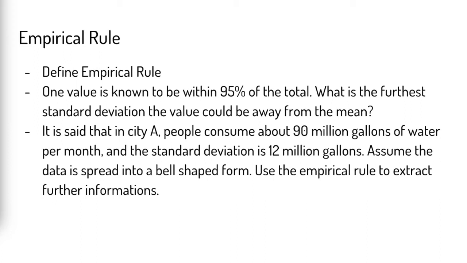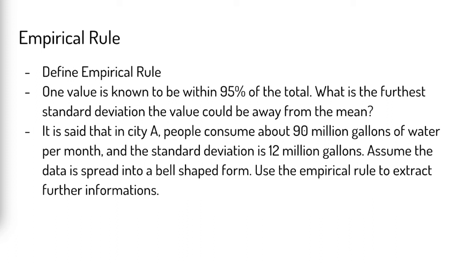Third question. People who consume from 78 million gallons to 102 million gallons of water are 68% of the total. People who consume from 56 million gallons to 114 million gallons of water are within the 95% of the total population.